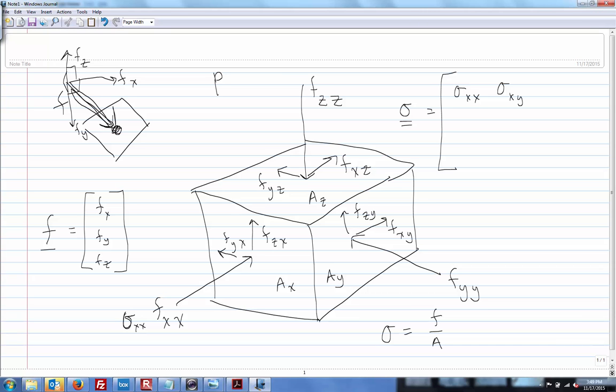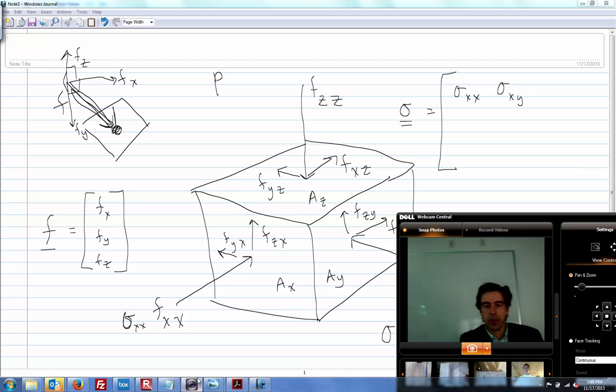They're really the same thing, because whatever stress is acting on the x surface in the y direction, you can also think of as acting on the y surface in the x direction, and I'll show you what I mean by that with my hands.